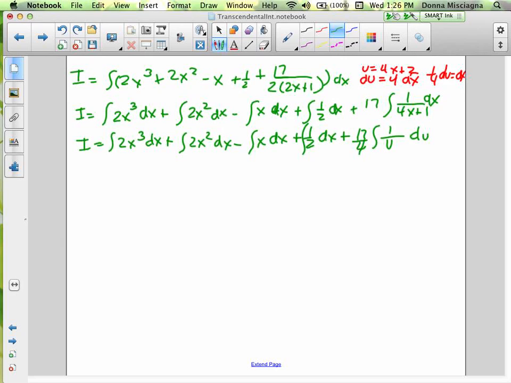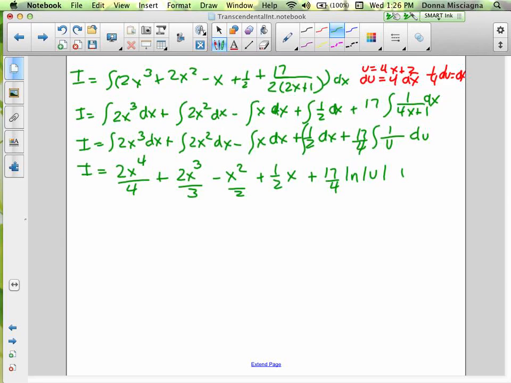All right, now let's integrate. The integral is going to be 2x to the 4th, increased by 1, divided by 4, plus 2x cubed divided by 3, minus x squared divided by 2, plus 1/2 x, plus 17/4 times natural log, of course it's u, plus c. So we've got 1 over u, that's natural log, right?